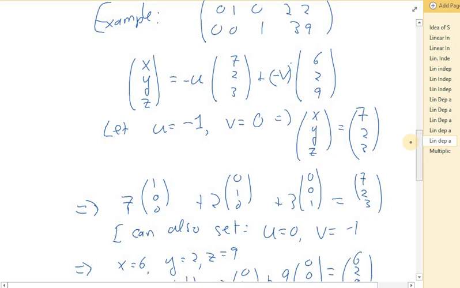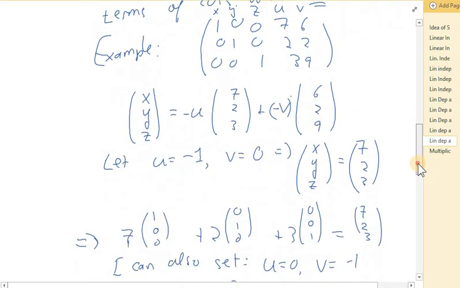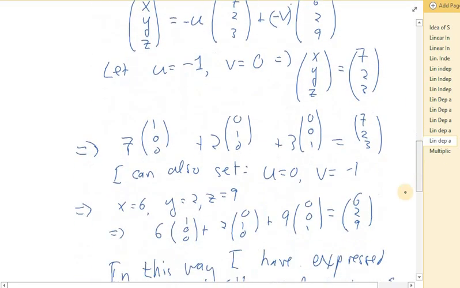And in this case, that tells me that 7 times the first column plus 2 times the second column plus 3 times the third column is equal to the free variable column. Now, in this case, I didn't show you the original matrix, but if I'd had the original matrix, instead of using these reduced matrix columns, I could use the columns of the original matrix. Now, I can also set u equals 0, v equal minus 1.